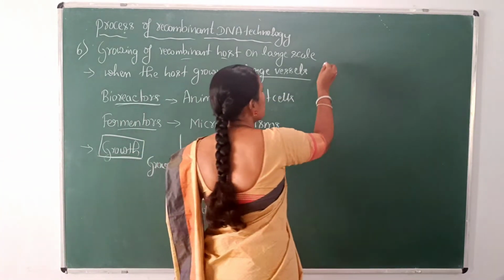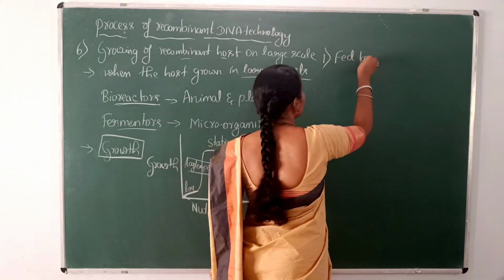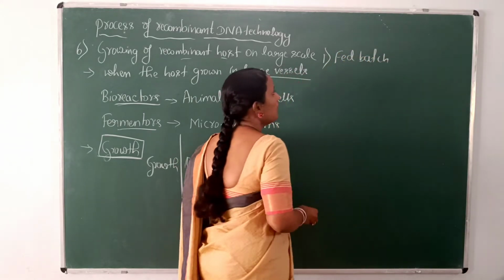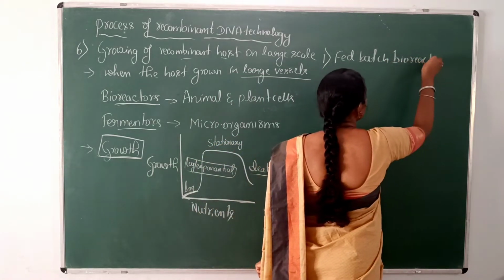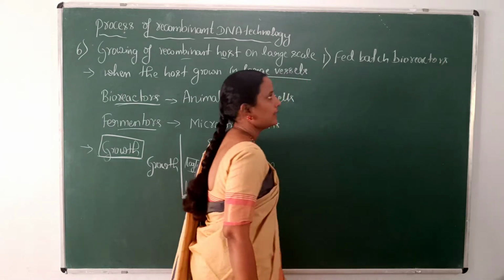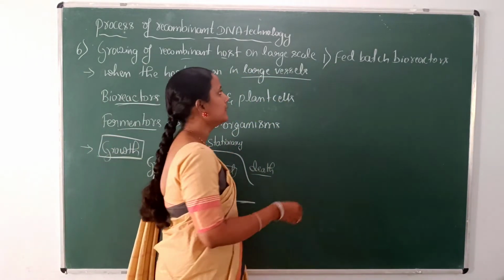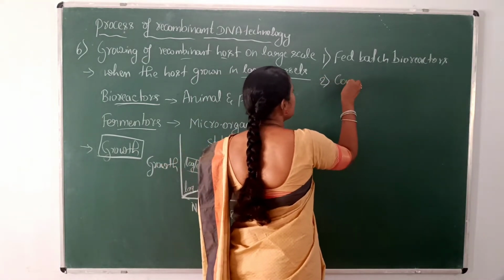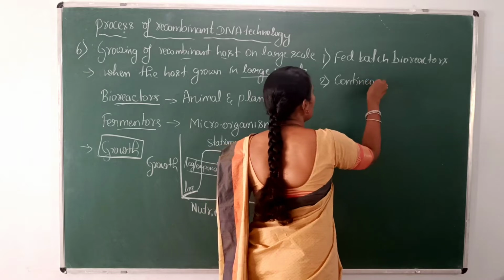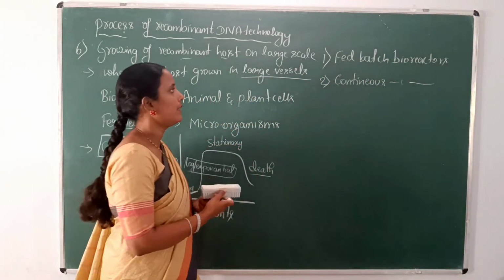And those two are, the first one is fed batch bioreactors or fermenters, and the second one is continuous bioreactors or fermenters. Let us discuss one by one.